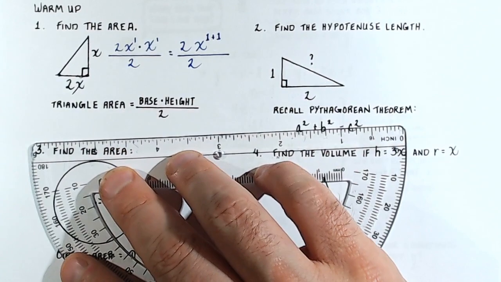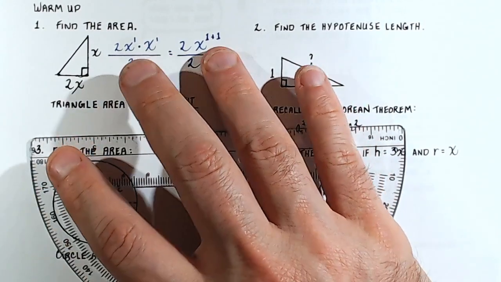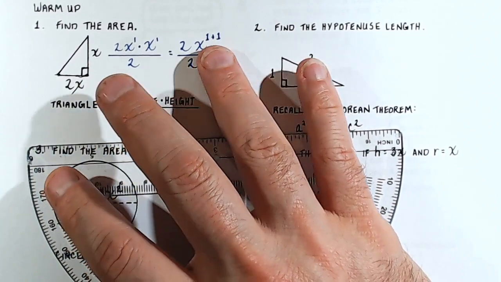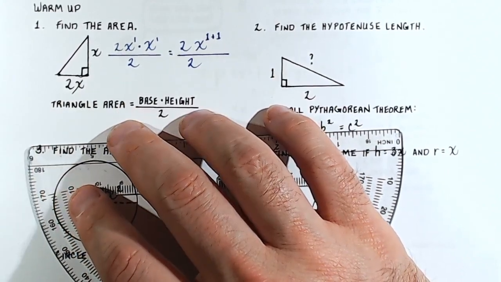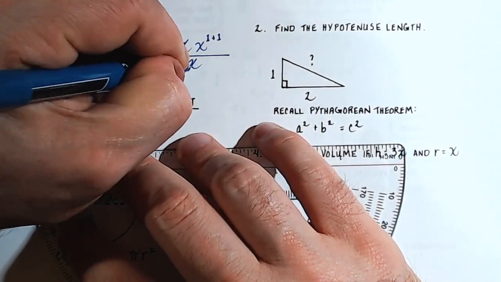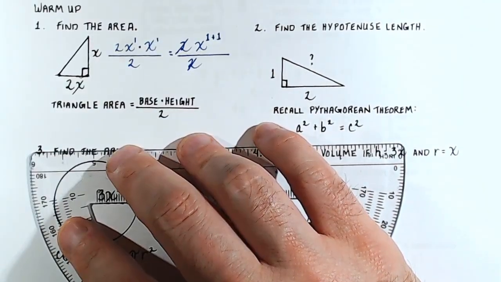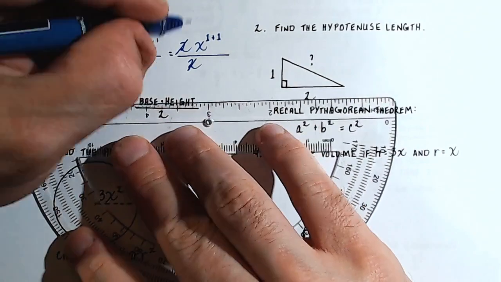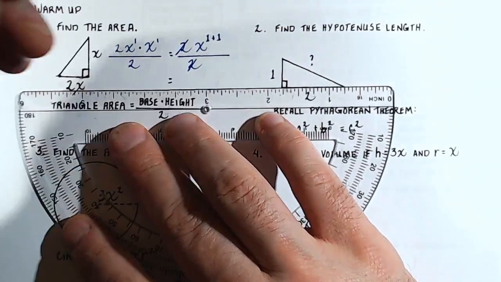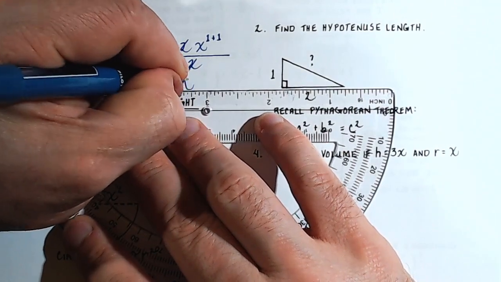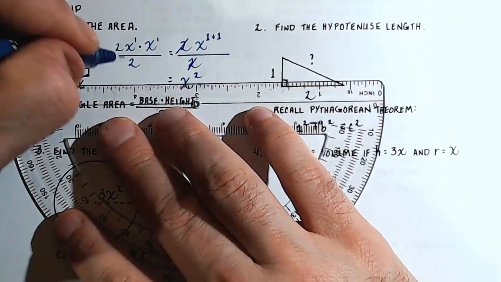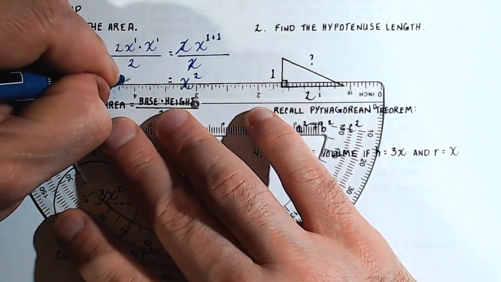Now, two things can happen in the next step. First, we can add 1 plus 1 for that exponent. 1 plus 1 is 2, so that'll be x squared. And second, I can cancel the 2's. So this simplifies down to x squared, and that is the area of the triangle.